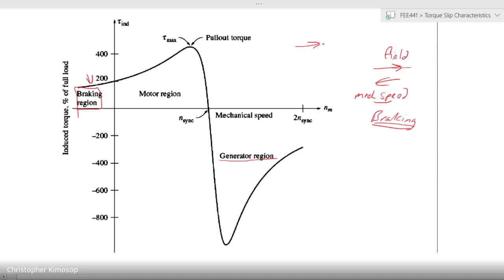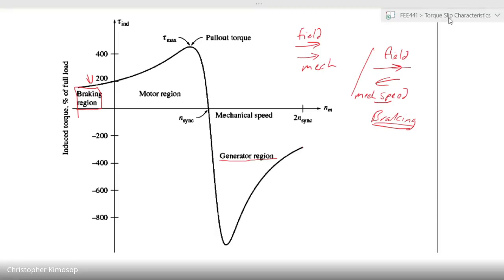In normal operation, the field and the mechanical rotation move in the same direction, albeit at different speeds. Under braking, we have them in opposite directions. Just think about how we would be able to achieve that.